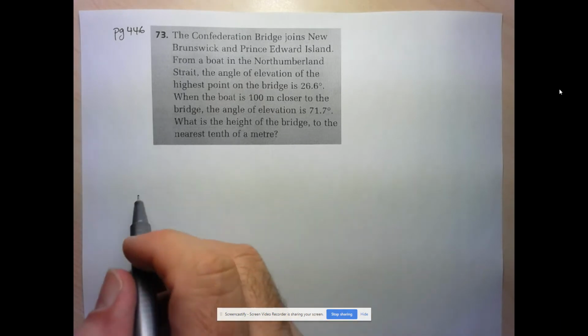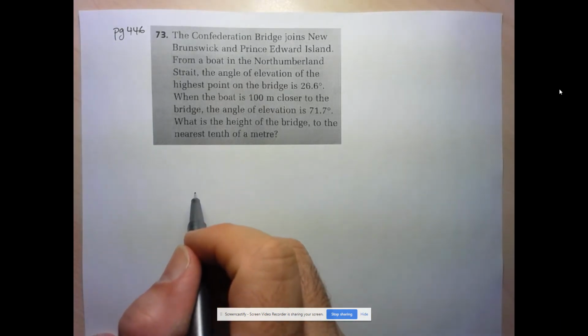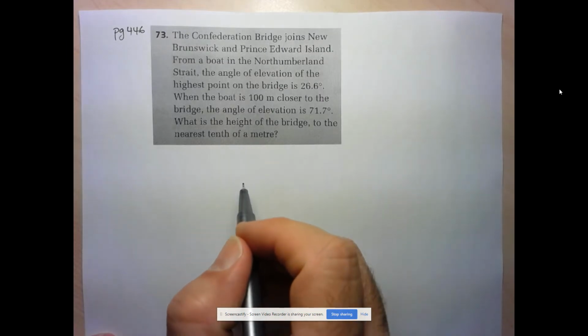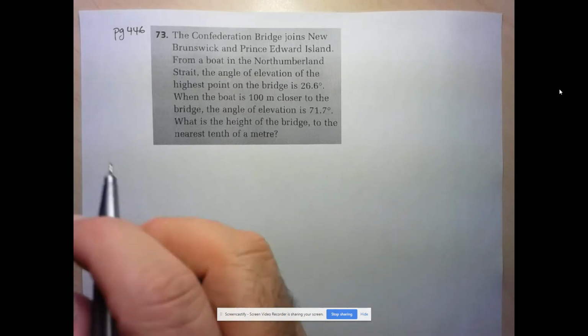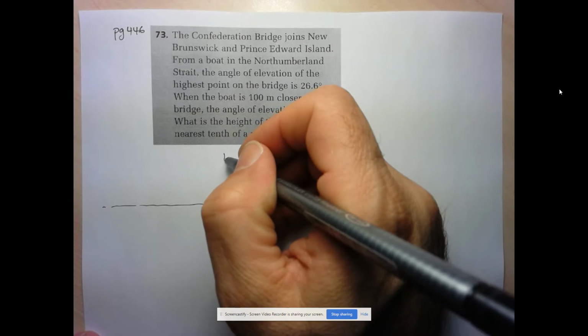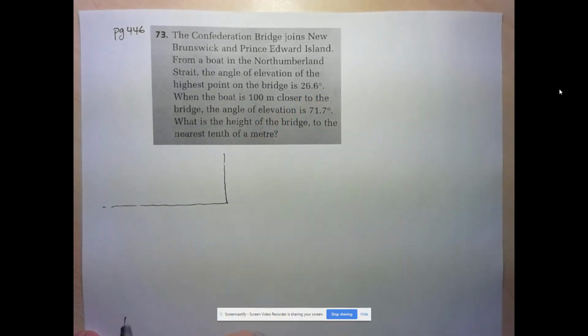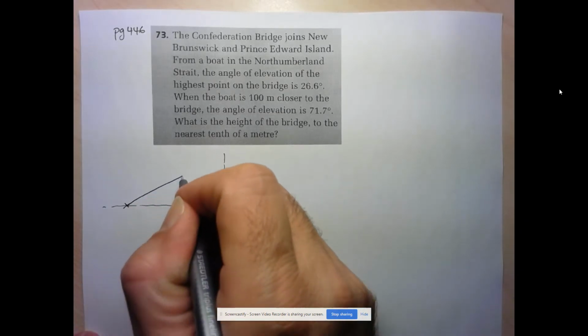Okay, so you have to be thinking that you've got some river that you're riding on, and then somewhere up here is the highest point of the bridge. I'm not going to try to draw a realistic diagram, but I'll just draw the water here, and I'll let this represent the highest point on the bridge. At a particular location, you look up.